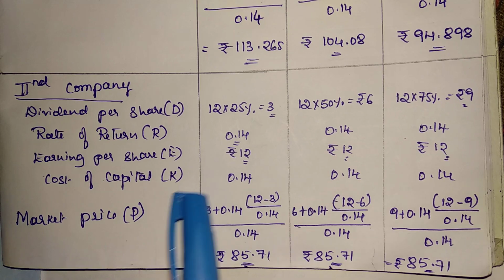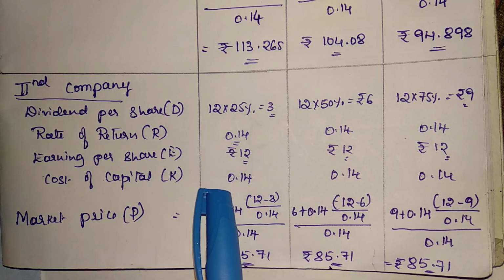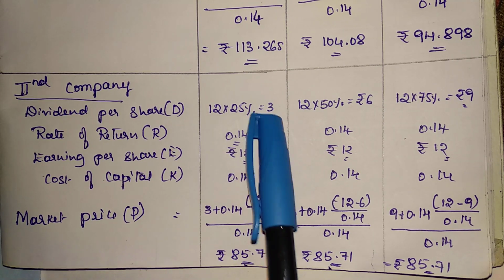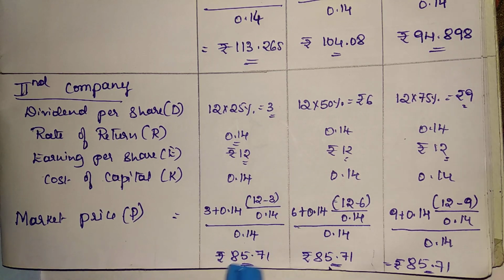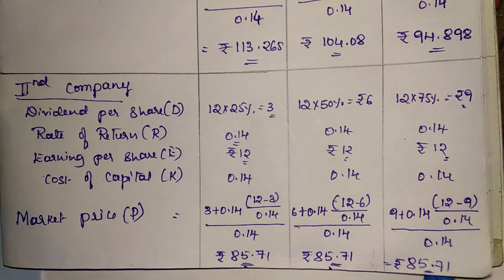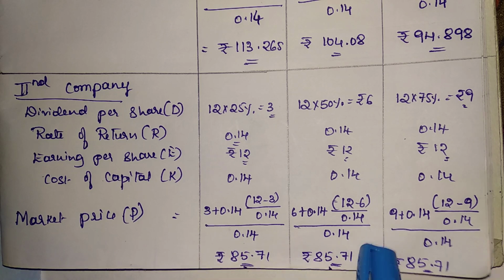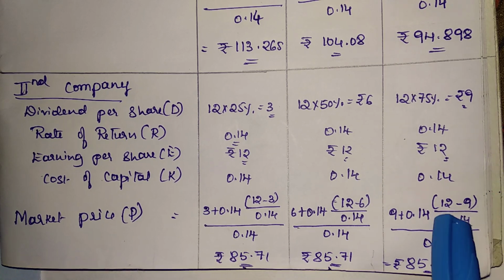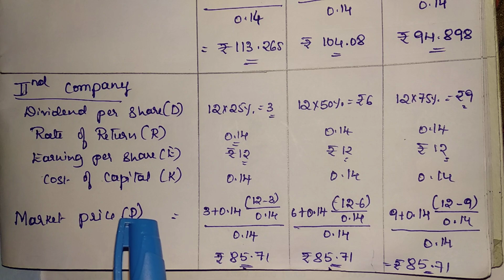So when cost of capital and rate of return are the same, at any payout ratio the market price will not change. If market price is not changing at any payout ratio, then that firm is called a normal firm.